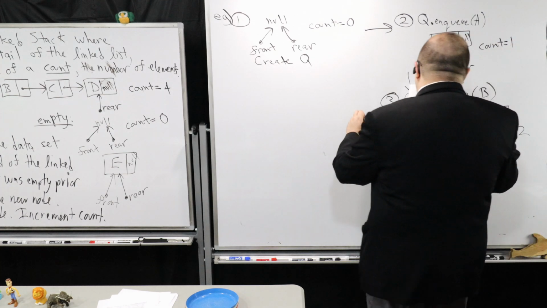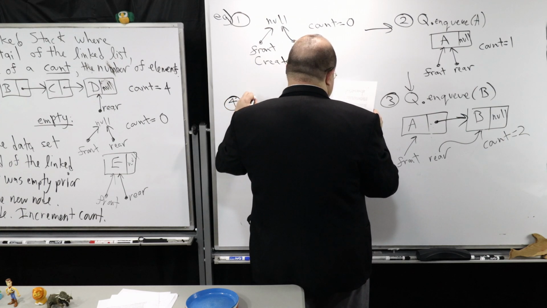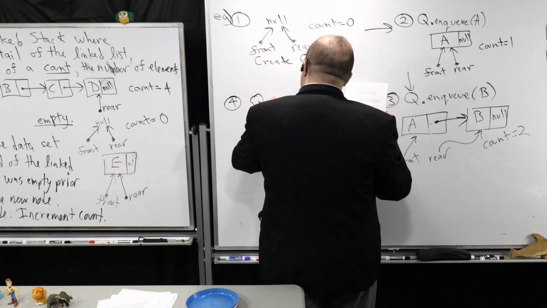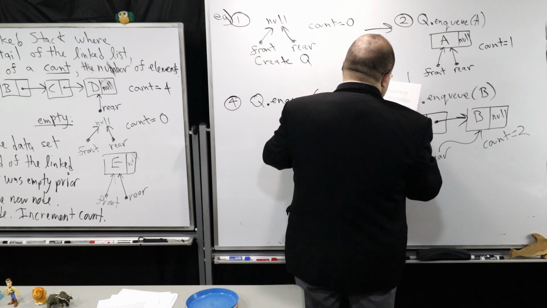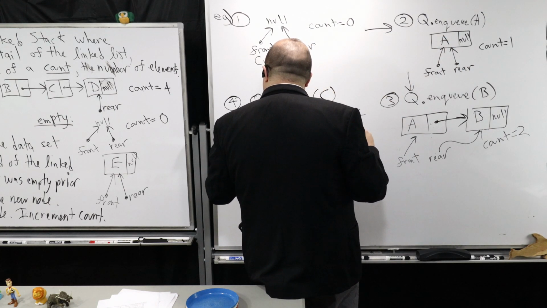So let me walk you through another one just so that we're clear on what I mean, so you get a little bit more cozy with this. I'm going to do another NQ operation. I'm going to NQ an element called C. I'm going to draw the same thing I had over here.